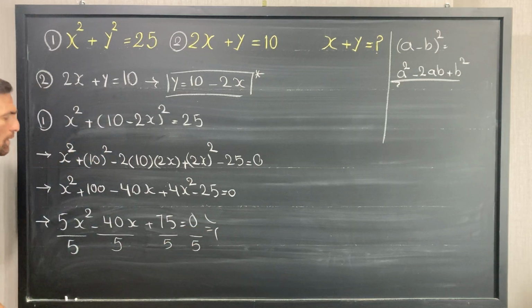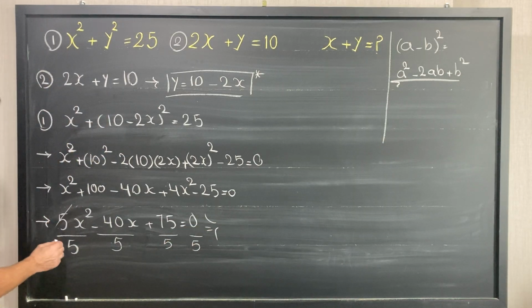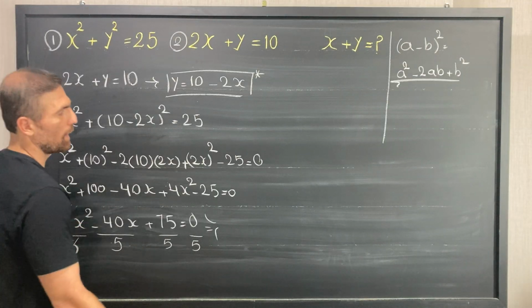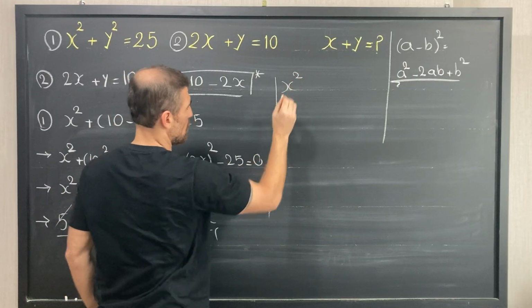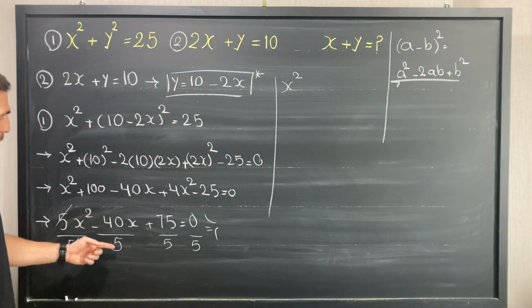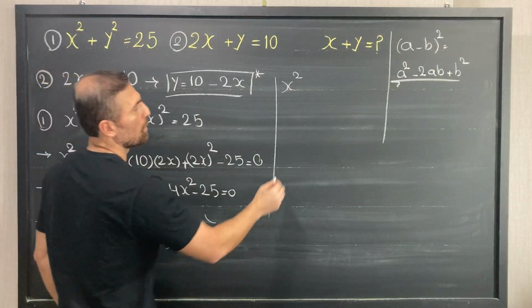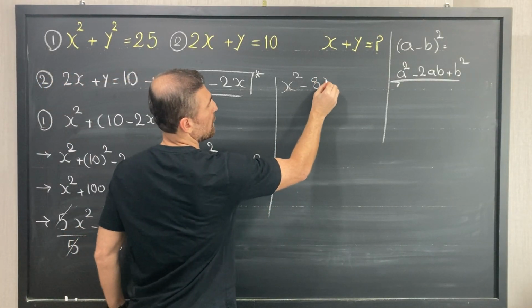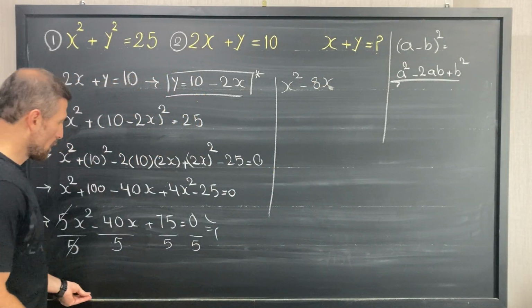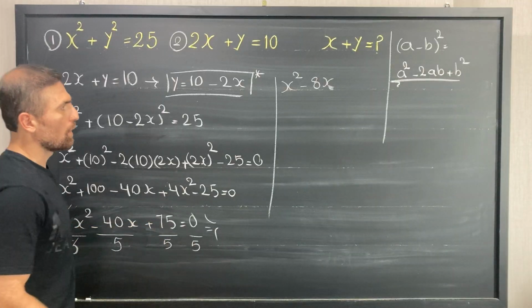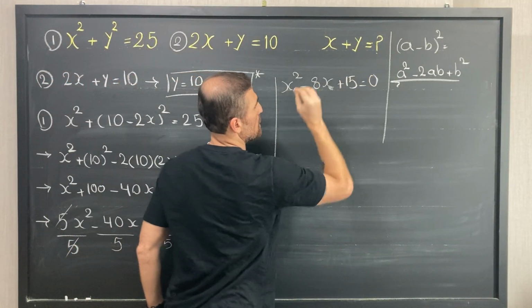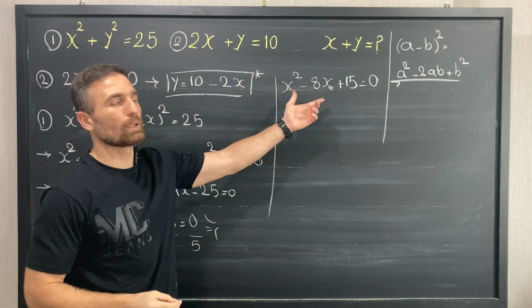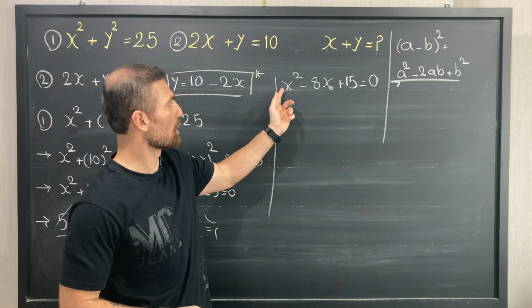Let's see what is the answer. 5 divided by 5 can be cancelled off, x squared. Negative 40 divided by 5, negative 8x. 75 divided by 5, plus 15 equals 0. Now we have a quadratic equation with the leading coefficient 1.